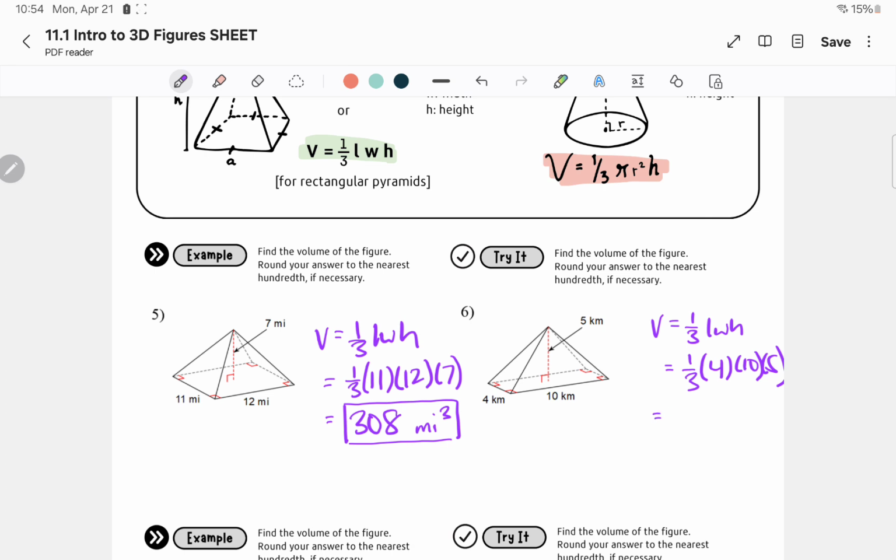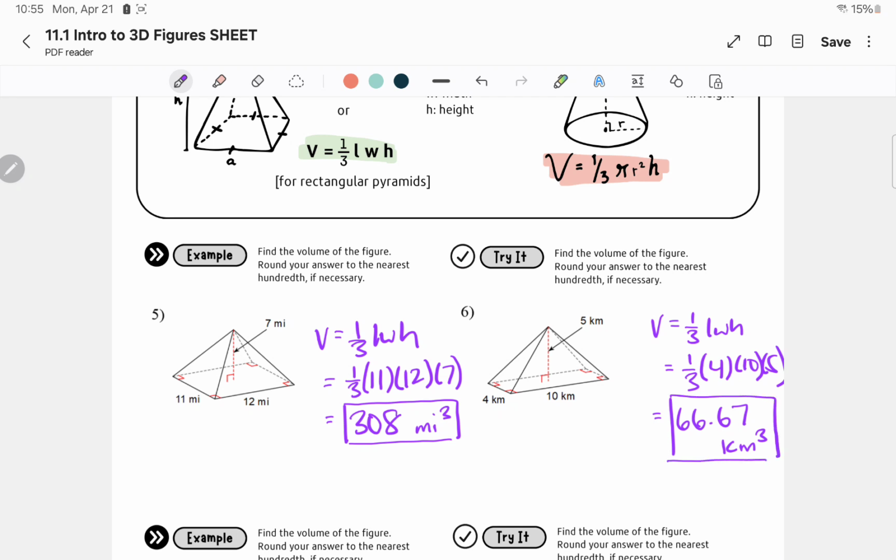We're going to do 4 times 10 times 5, which is 200. I'm going to divide that by 3, or you can just do it all in one swoop, doesn't matter. And you're going to get 66 point, and so nearest hundredth is 67. Okay, and that would be kilometers cubed, or cubic kilometers.